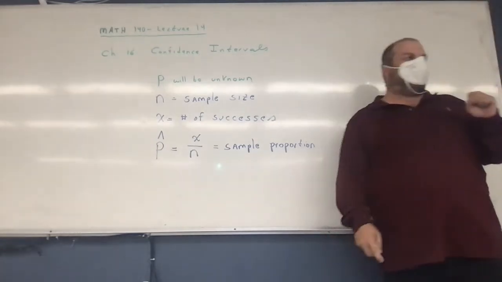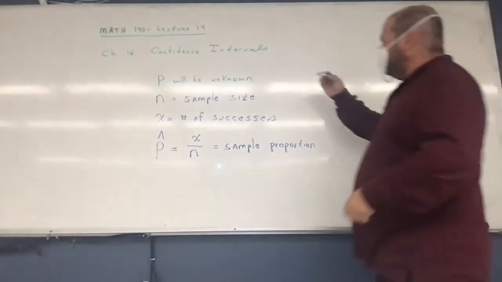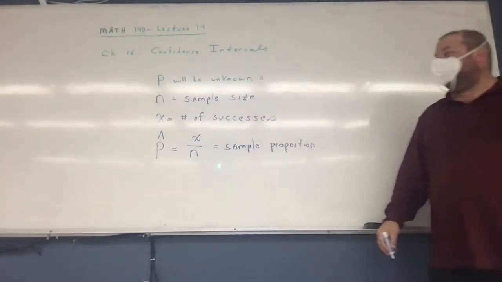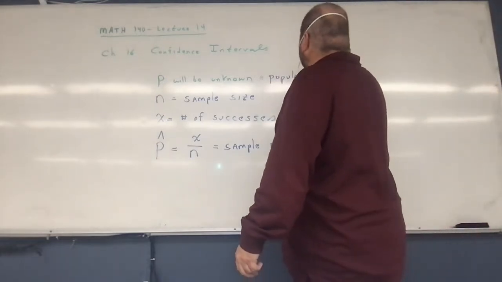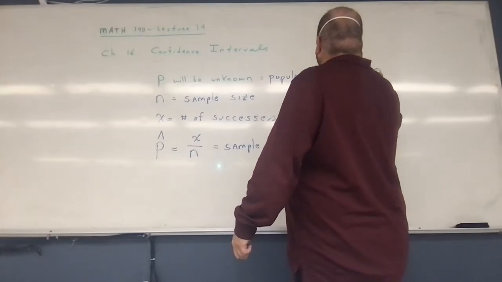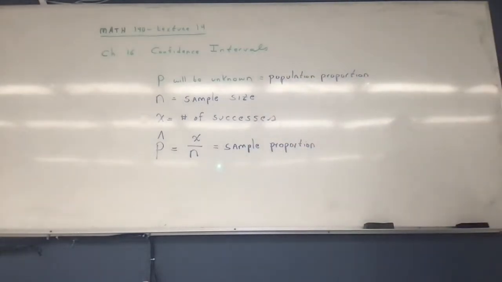So p hat is the sample proportion, whereas p is the population proportion. We will never know the population proportion. The best we can do is get the sample proportion.